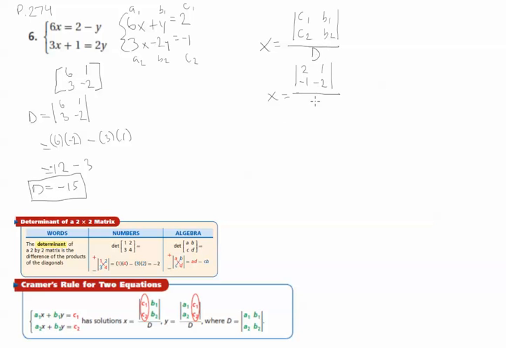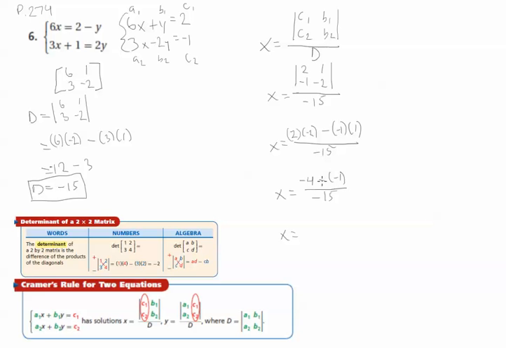And I know my D value is negative 15. My x is going to equal 2 times negative 2 minus negative 1 times 1, all over negative 15. So again, my x will equal, simplifying it down, negative 4 minus negative 1 over negative 15.